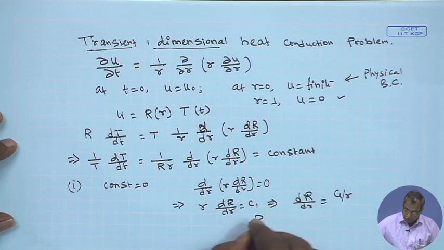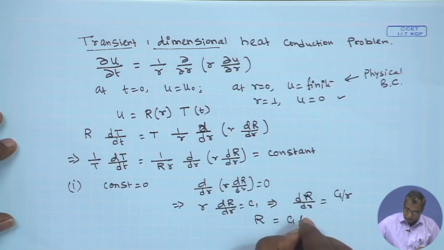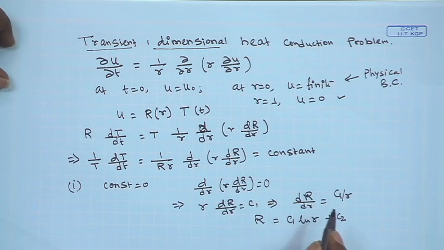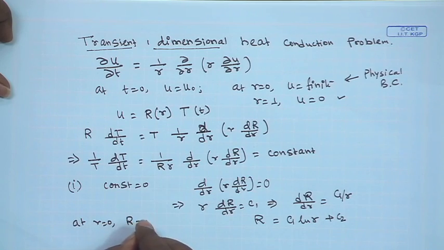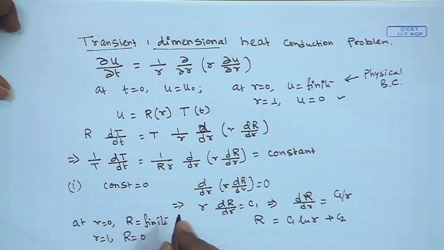Then with one more integration, R is equal to C 1 ln r plus C 2. Now, at r is equal to 0, capital R is finite, so it obeys the original boundary condition in the r direction, and at r is equal to 1, capital R is equal to 0.